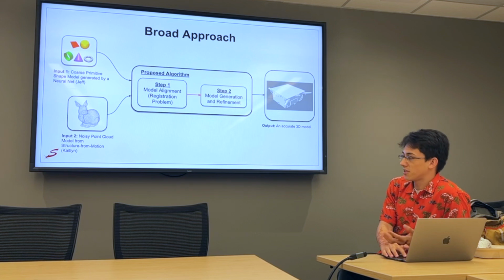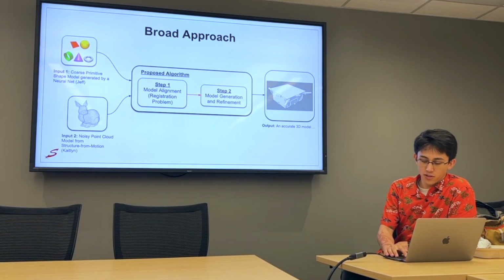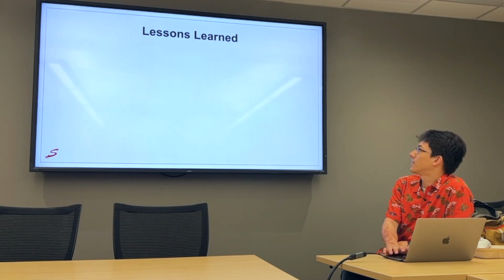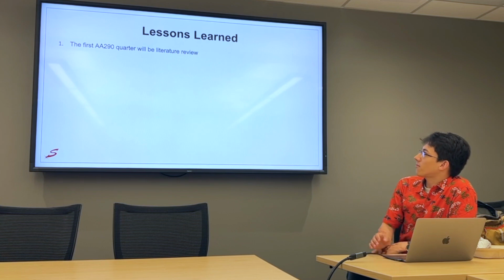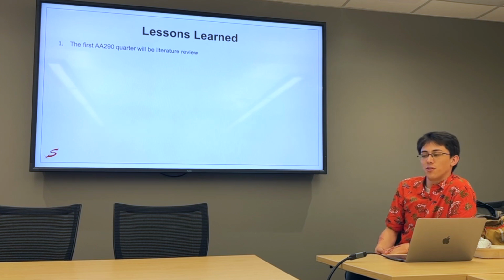I started thinking about this in fall quarter, and I quickly picked up on a few lessons learned. One, the first AA290 quarter will be a literature review. I am not a computer vision expert.